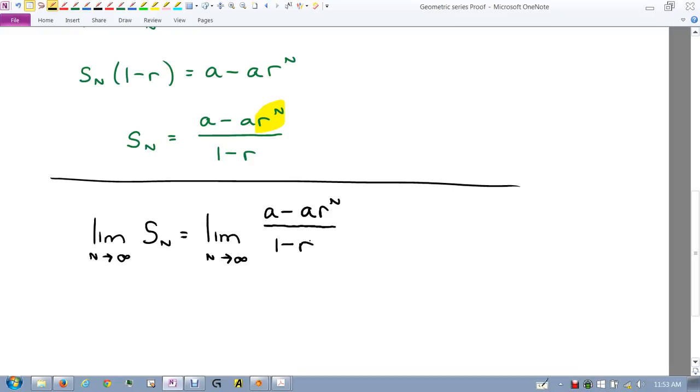So we're going to have a couple of cases here, right, of what's going to happen. This will be equal to, now here are my two cases. Let's start with this one. If r is bigger than or equal to, let's say bigger than 1.